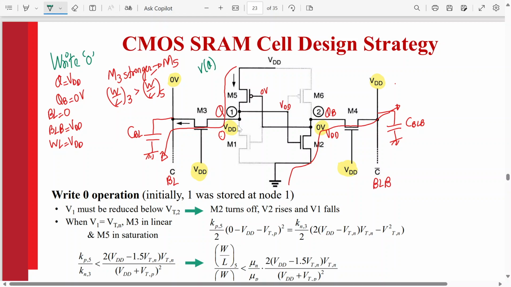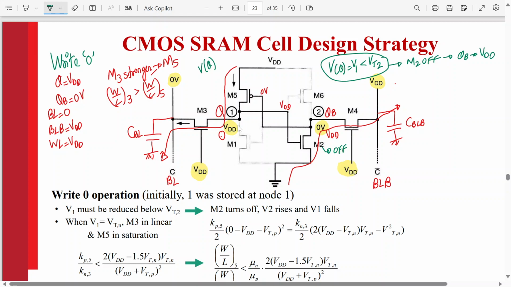So if this voltage does not fall below this, look, for this to be VDD, M2 should be off, right? For this to be VDD, this is 0. So M2 should be off. When will M2 be off? Whenever V of Q, or V1, is less than VTN2, right? Then only is M2 off. If M2 is off, then only QB will become VDD.